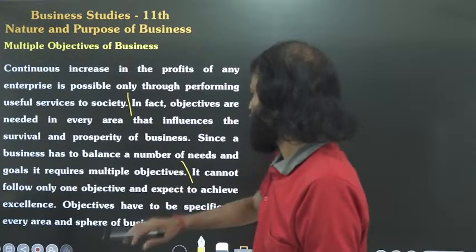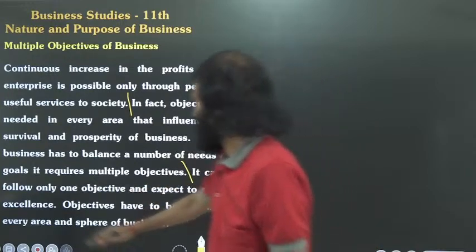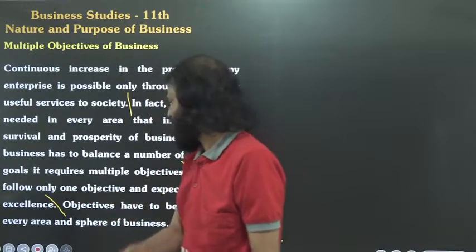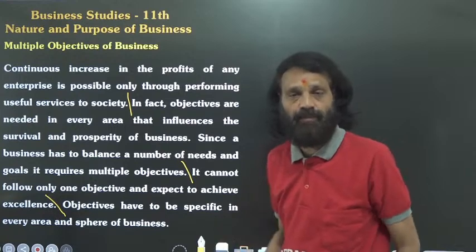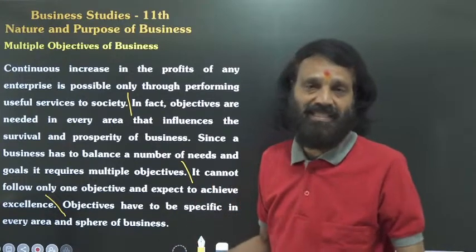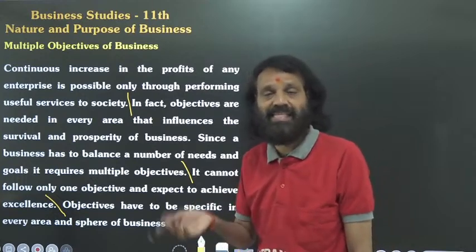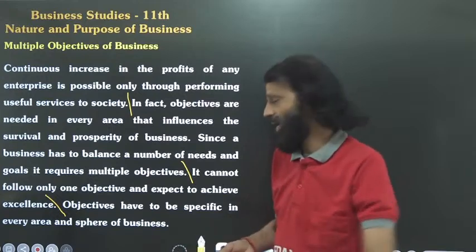It cannot follow only one objective and expect to achieve excellence. If we follow only one objective or one strategy, by applying only one strategy we cannot get success. We must apply various methods and strategies, then only the success will follow us.